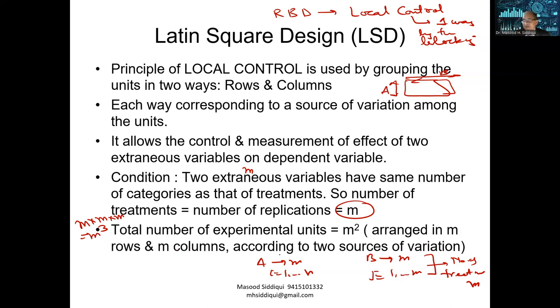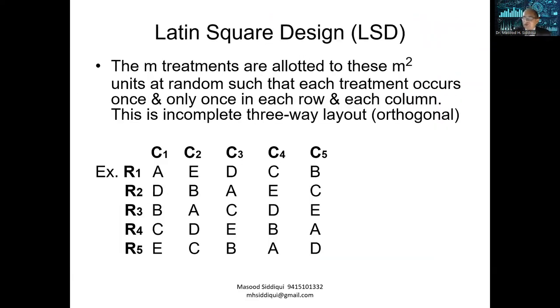I will show you according to two sources of variation. One source of variation is this way, row wise, and they have five categories, that is 1, 2, 3, 4, 5. Here is another source of variation; suppose this is A, this is B, that is the column side, and here also the number of replications should be exactly 5 only, because the number of categories in the row and the number of categories in the column must be the same.